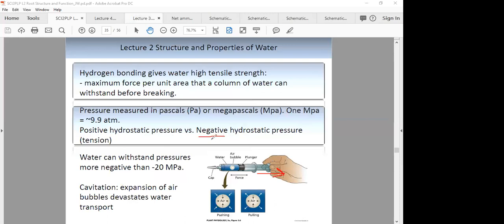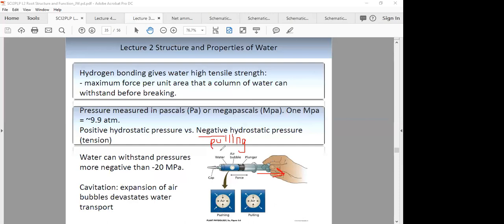What sort of force is that creating to give us the negative pressure? Rather than pushing force, it's a pulling. Good. Suction, yes. Pulling or suction. Absolutely fantastic. Now, where do we find, and that's supposed to be the word pulling, where do we find negative pressure in the plant predominantly?